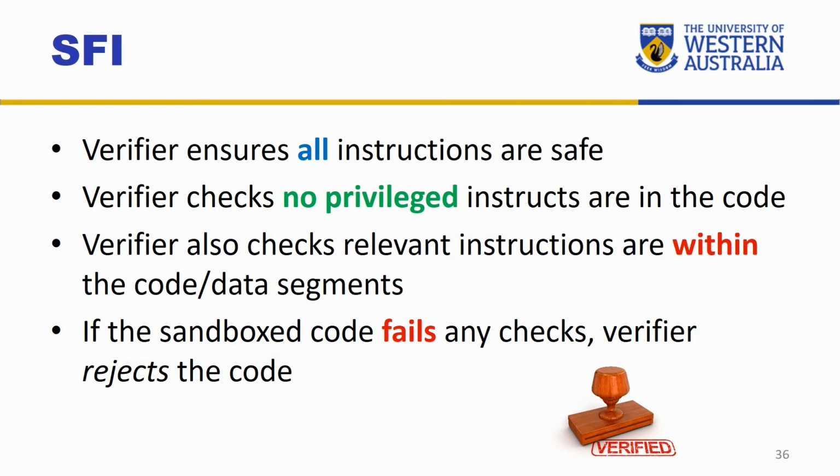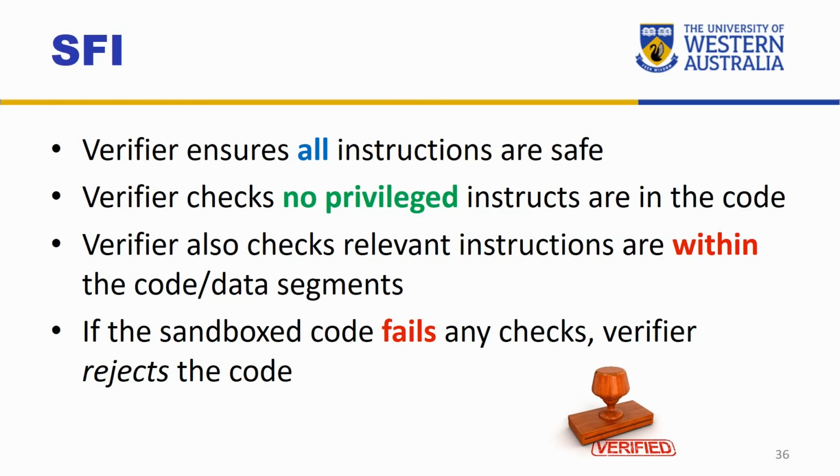This can be checked against the boundaries. And if the sandbox code fails any checks, then the verifier will reject the code, and hence the application will stop working. So this ensures that all the instructions within the application gets checked to stay within the boundary itself, so it cannot access outside the confined boundaries.